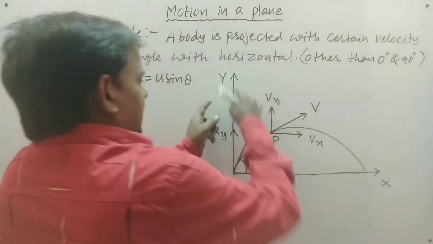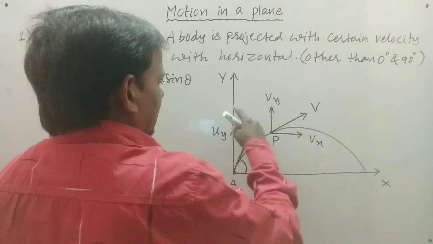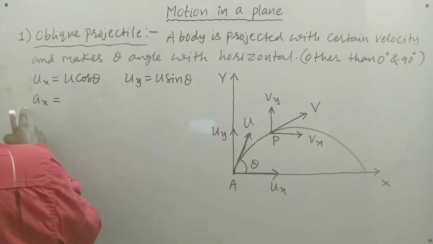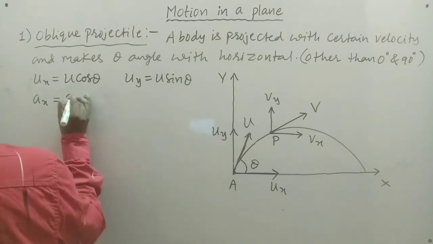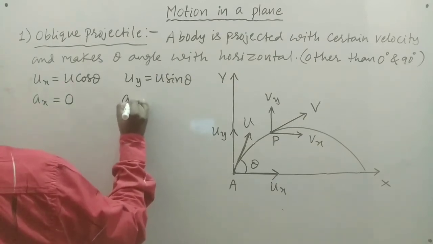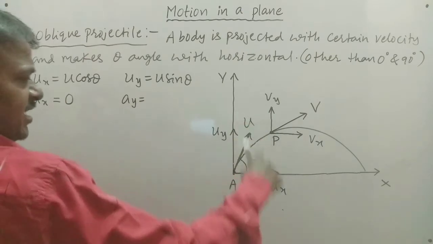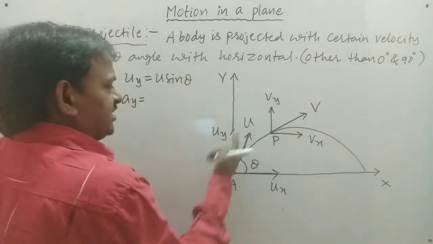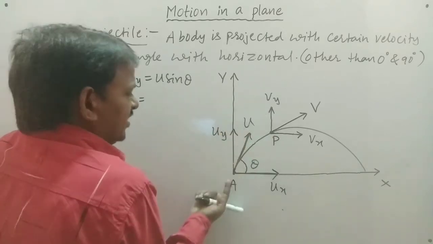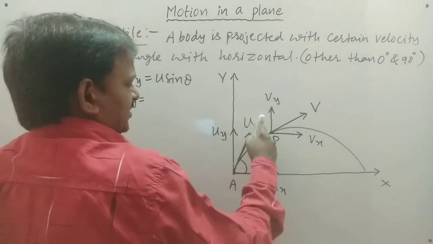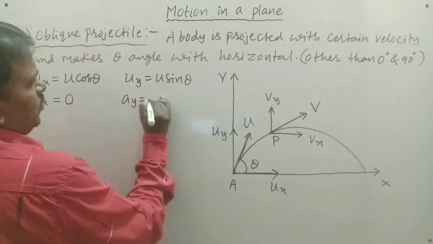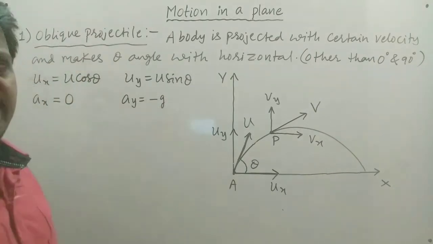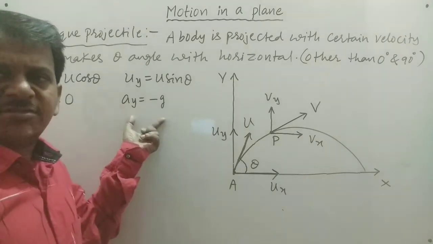First, take the acceleration components along the x direction and along the y direction. Along the x direction, no horizontal force acts, so ax is 0. Along the y direction, acceleration due to gravity acts. The body is projected against gravity, traveling upward, while acceleration due to gravity is downward, that's why ay is equal to minus g. Very important point.